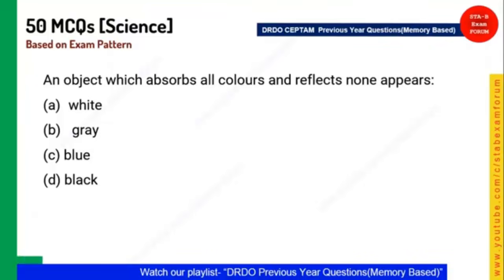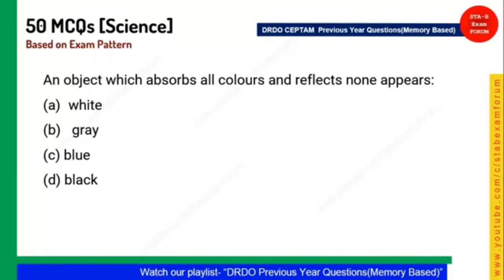A very simple one, student. An object which absorbs all the colors and reflects none. As you know, we wear black clothes in winter and white in summer. Why? Because black absorbs everything. It can absorb all the radiation, so you have a feeling of heat inside your body.